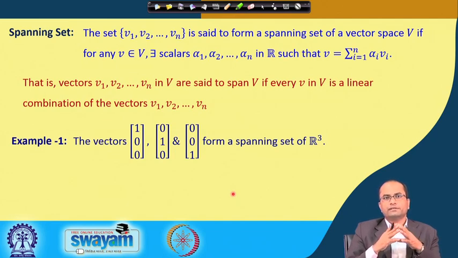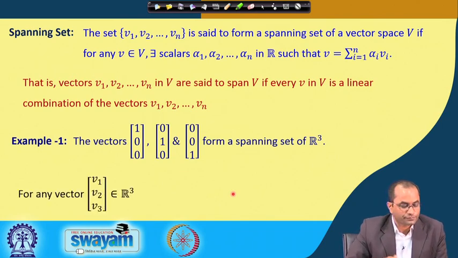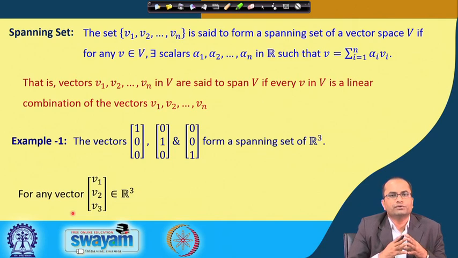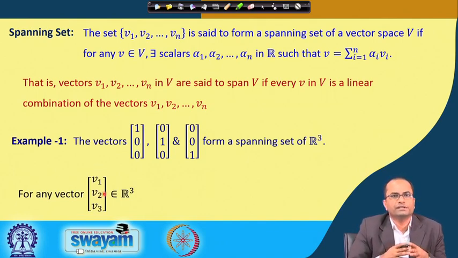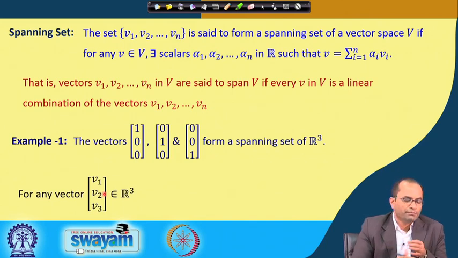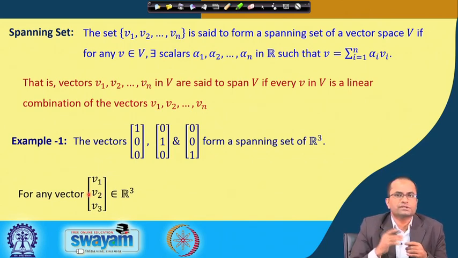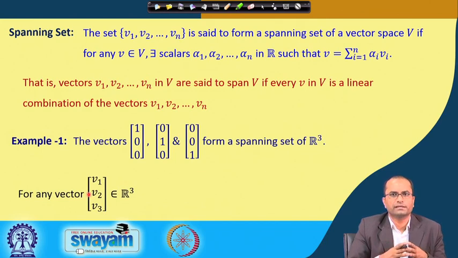So, let us check how 1 0 0, 0 1 0 and 0 0 1 form a spanning set for the vector space R3. For any vector, we take a general vector V1, V2, V3, which can be any vector from R3. We are not restricting anything on V1, V2, V3. They can be any real number, meaning that this vector belongs to R3 and it is a general vector.